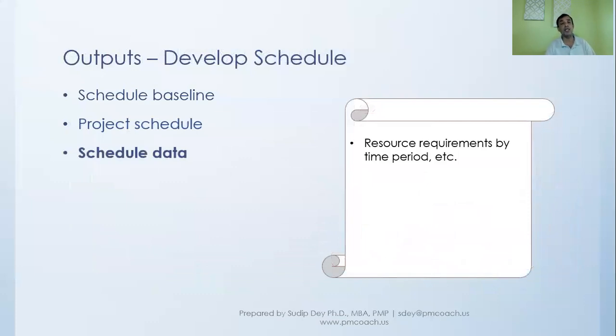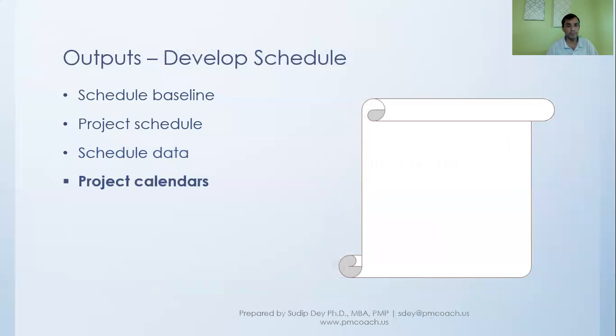Along with that, there will be schedule data as the output for develop schedule, which is resource requirements by time period, so that we can look at what resources we need, alternative schedules, or some applied schedule reserves. When you did the reserve analysis, what are the reserves that we talked about?